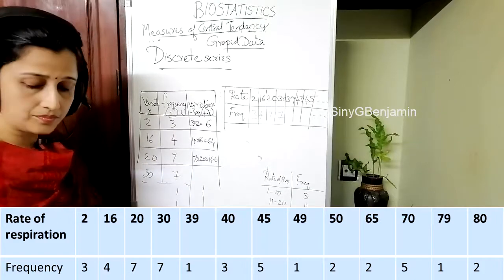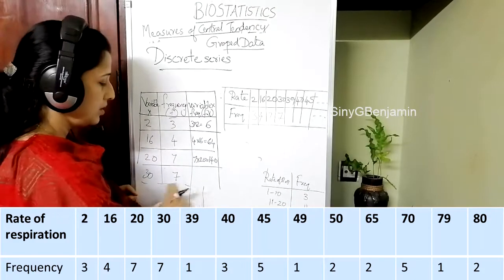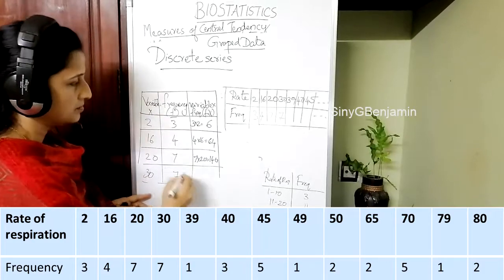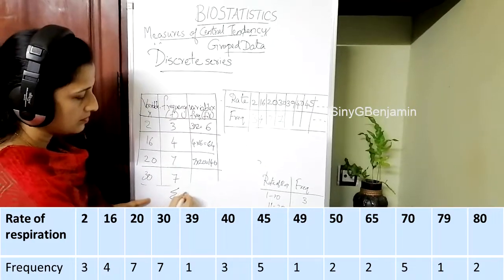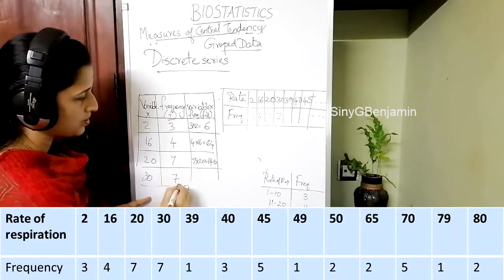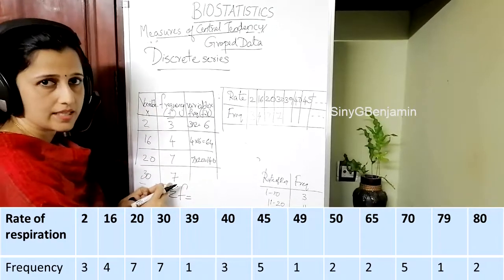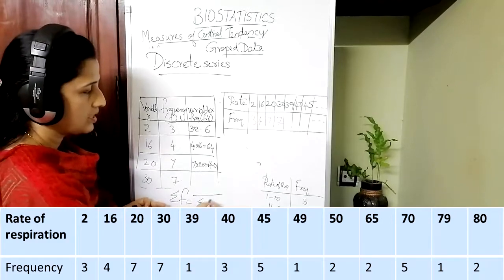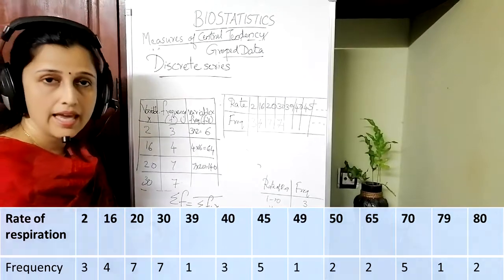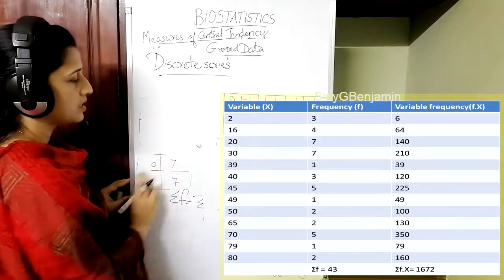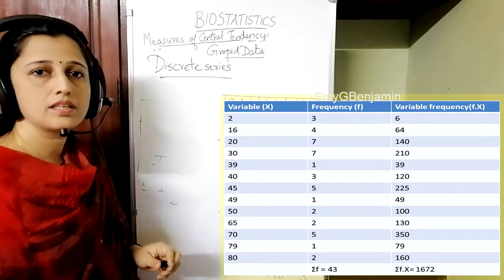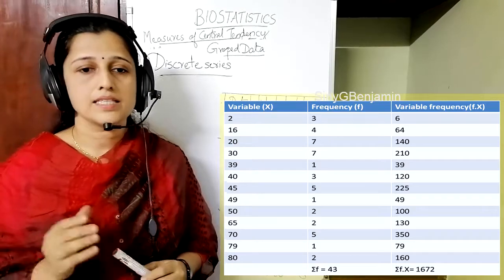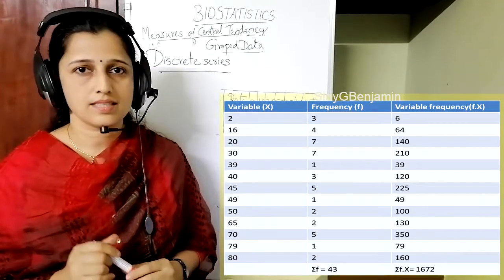And finally, after completing the table, you have to find sigma f, which is the total of the frequencies, and also sigma fx. The complete tabular column is given here, split into 3 columns. The sigma f is 43 and sigma fx is 1672.